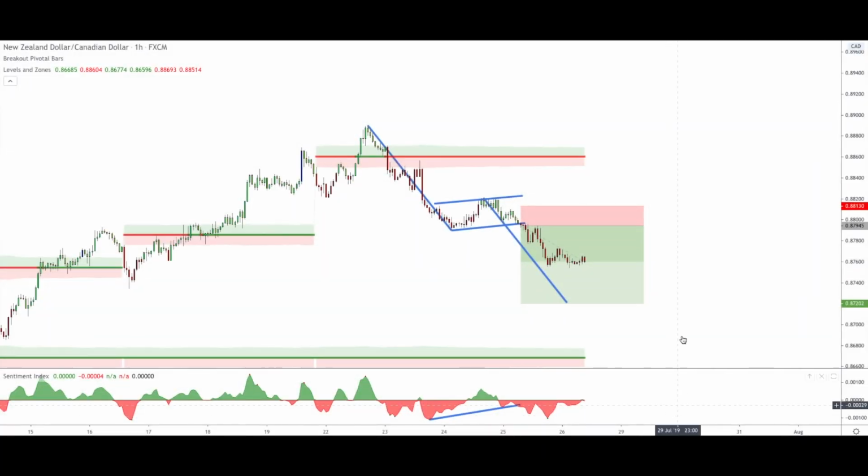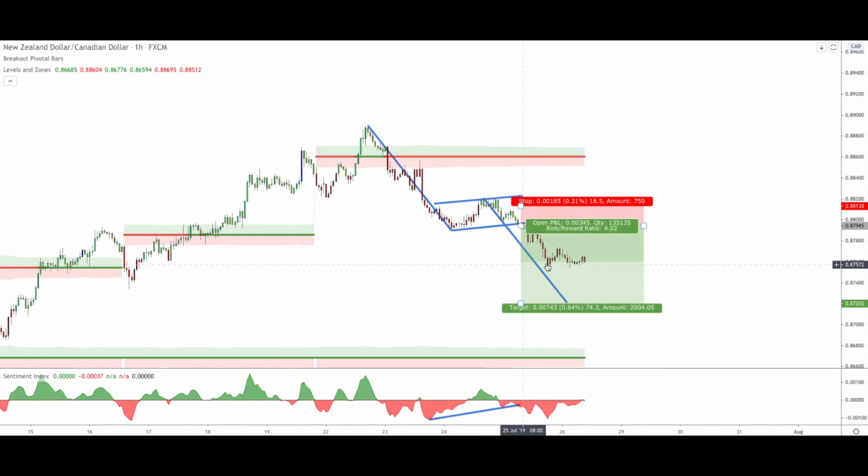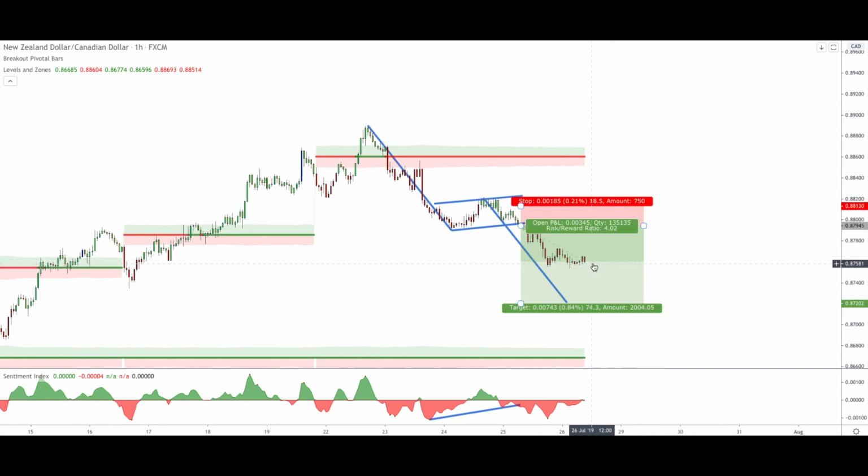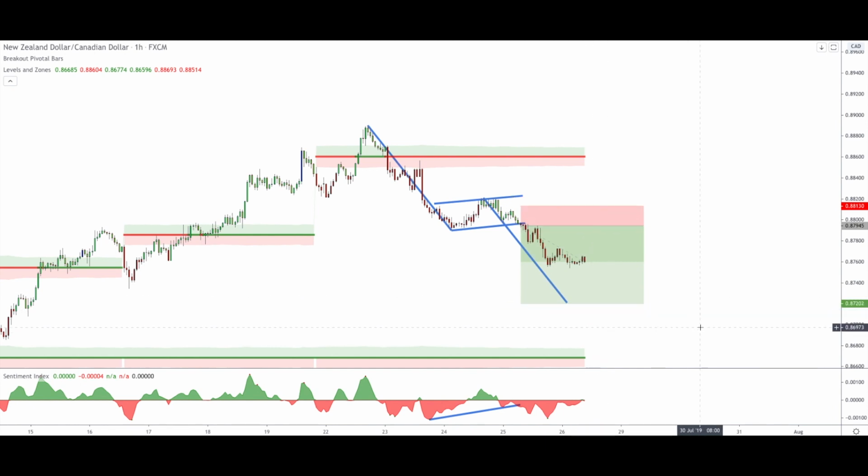Okay, so the trade is running smoothly. About 1 day has passed, and I don't see any reason why the price should not fall further. Actually, what I did in my trading account is that I moved the stop loss to break even, so that I'm now in a risk-free trade. So in the worst case scenario, I don't lose money, and I actually made a little bit of money, this amount here.